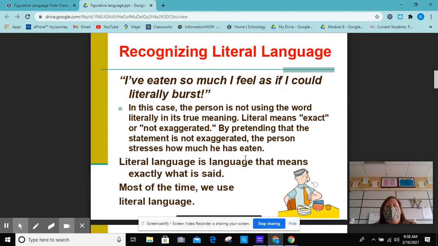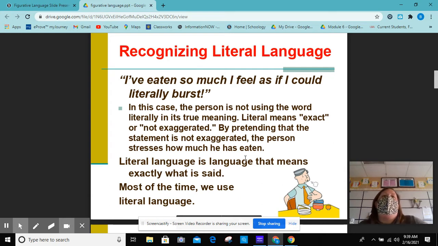All right, recognizing literal language. I've eaten so much, I feel as if I could literally burst. In this case, the person is not using the word literally in its true meaning. Literal means exact or not exaggerated. By pretending that the statement is not exaggerated, the person stresses how much he has eaten.